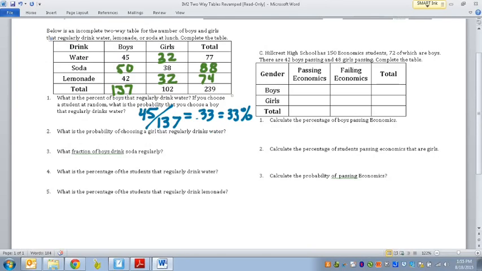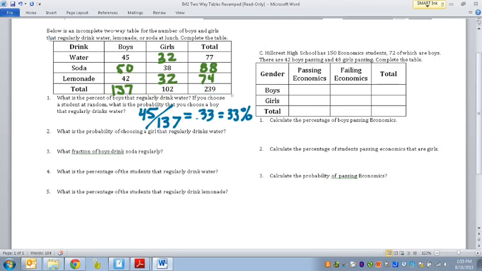Okay? All right. Then it says, what's the probability that you choose a boy that regularly drinks water, if you choose a student at random? So it's not talking about just boys anymore. It's talking about a student. A student could be a boy or a girl. So for this second question, you need the total amount of boys and girls, which is 239.